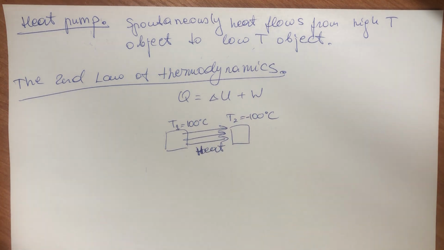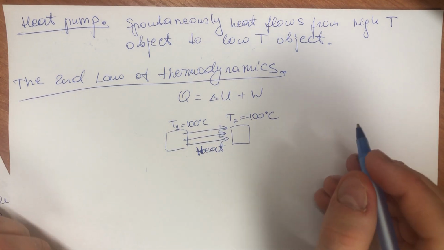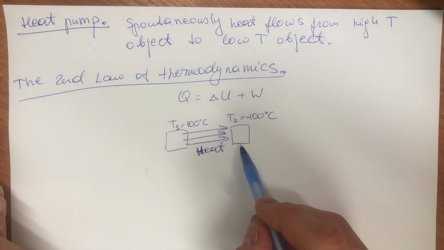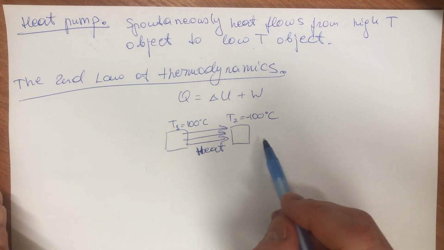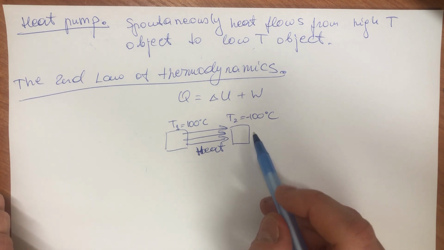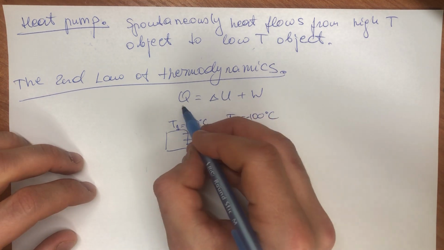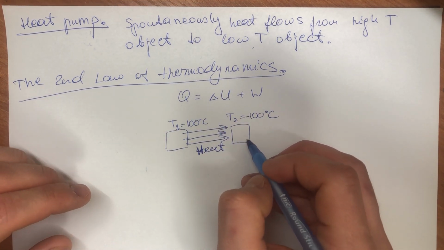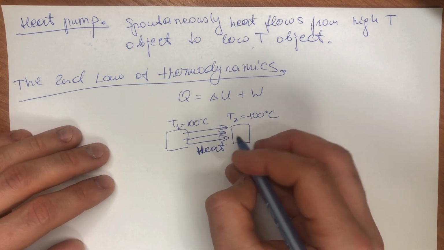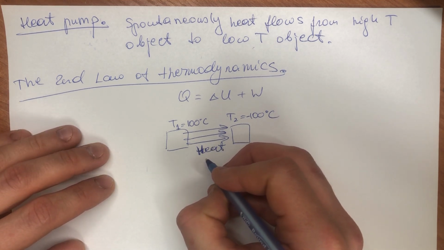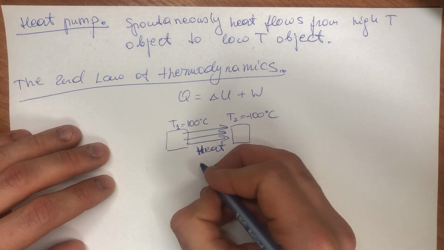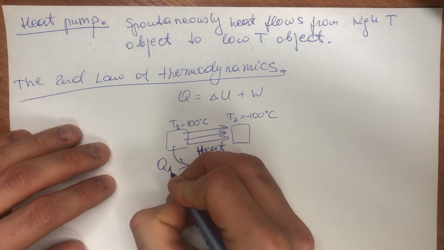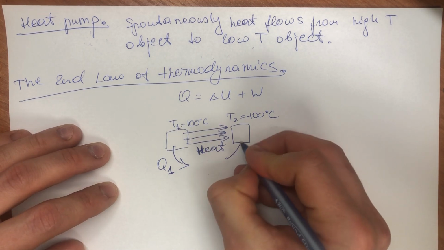Of course, we know this from practice. But if we didn't know that from practice, what would happen? This equation is not important here. The first law of thermodynamics says that if Q1 goes from here, it had to go to here.